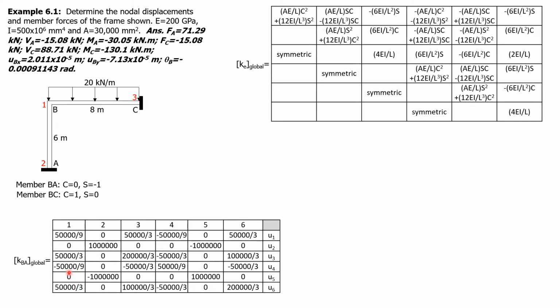This is only 50,000 over 3. Let's compute row 1, column 4 again. So this value here is the negative of the first entry. So it should be 50,000 over 9. I'll just correct this later.